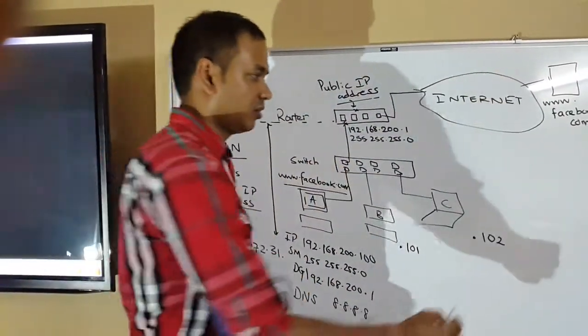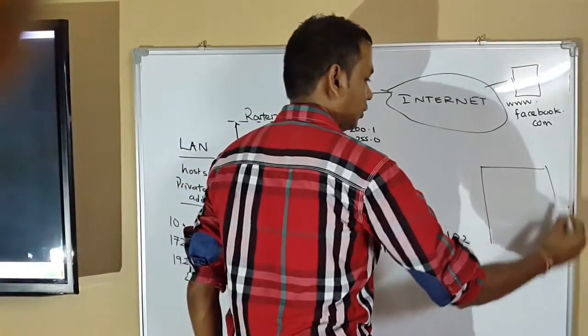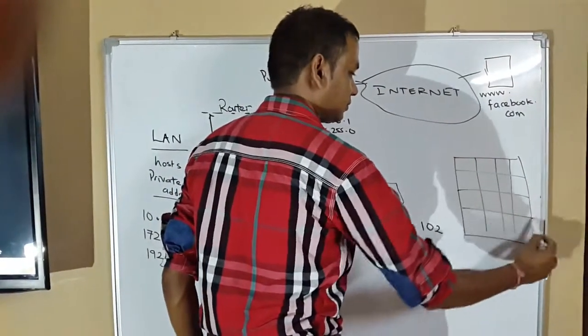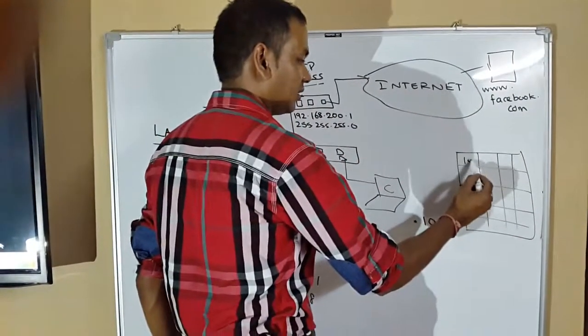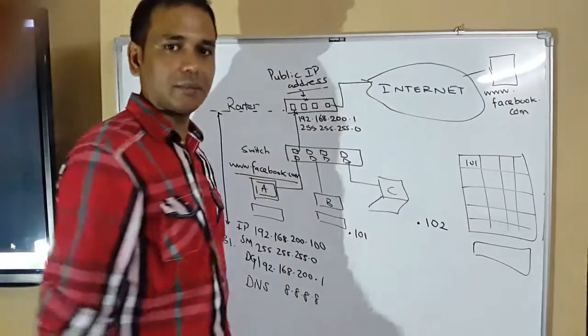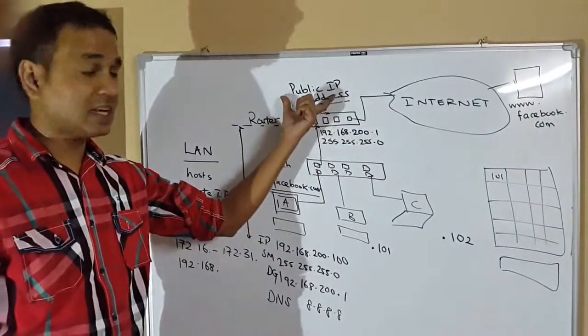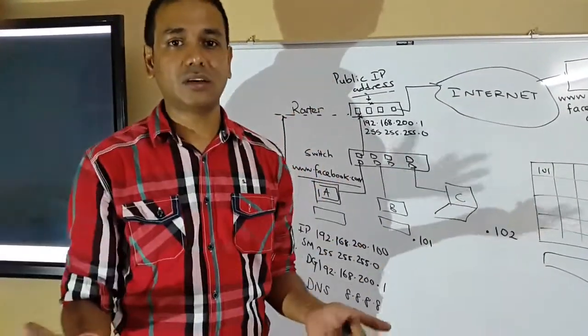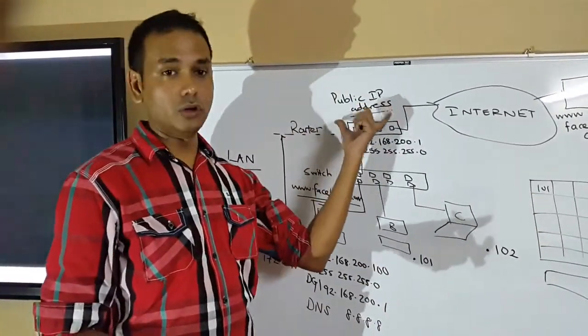If you take the analogy of what I explained to you with the flat, it has a main address. This is the public IP address. The public IP address is the IP address where the world views you, knows you.